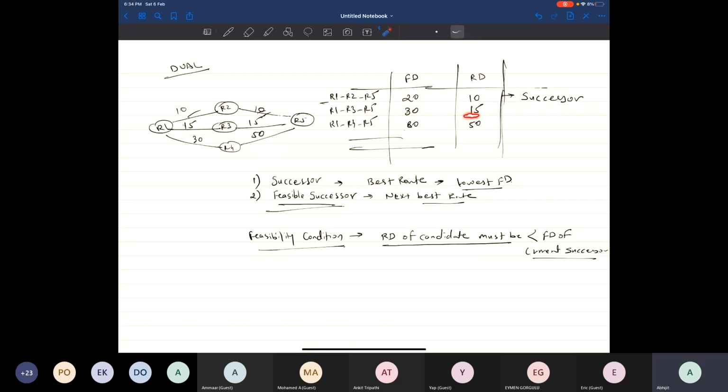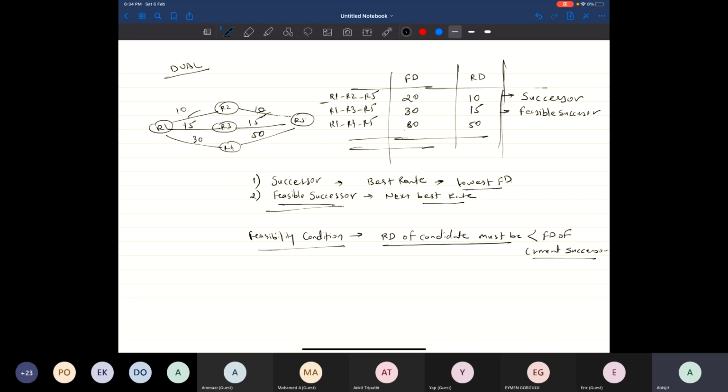Is 15 less than 20? Yes, right? So that's why this particular route will become the feasible successor. It's quite complex, but if you understand it clean and neat, then you will make more sense of it.